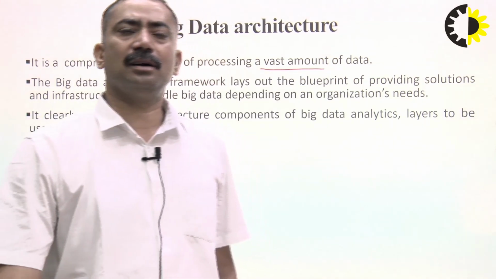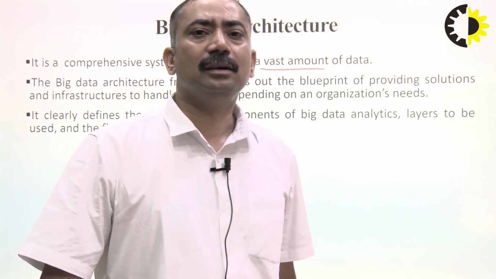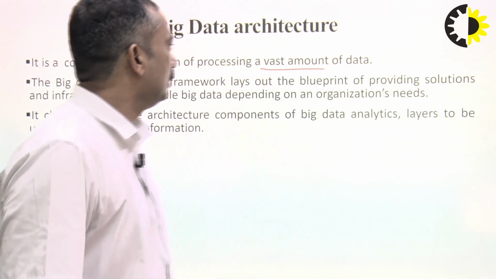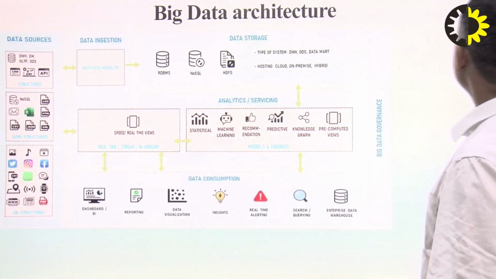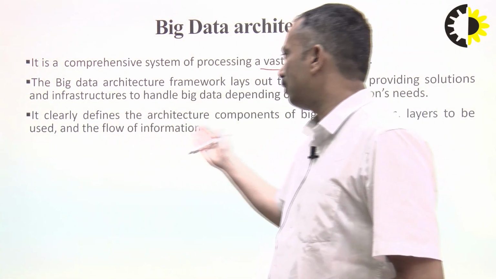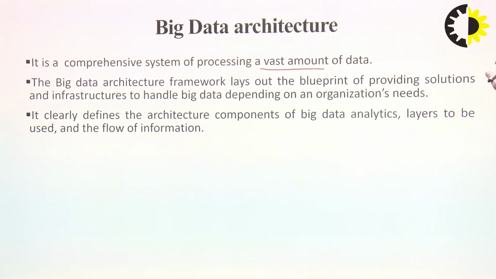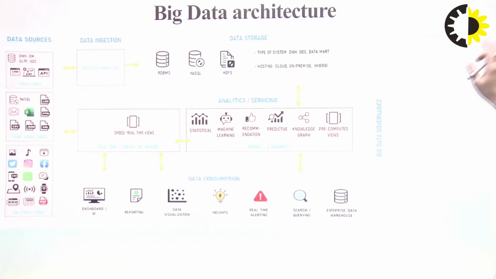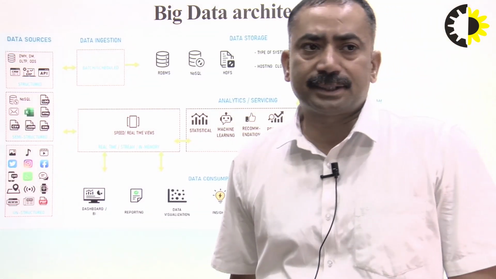A typical big data architecture framework looks like this, with the layers used and the flow of information, having different big data architecture layers.